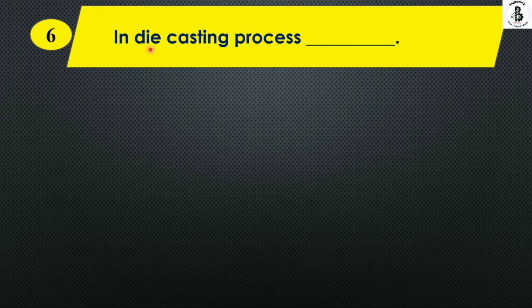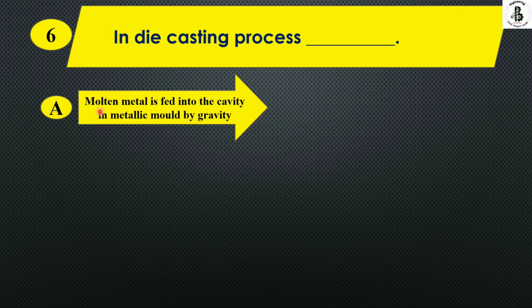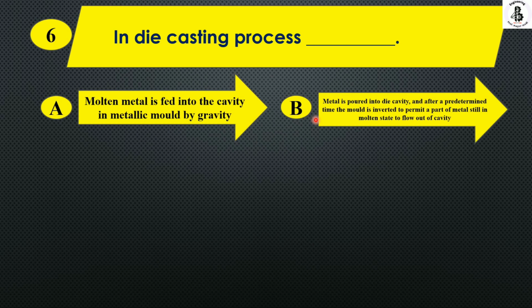Then next. In the die casting process, option A, molten metal is fed into the cavity in a metallic mold by gravity. Option B, metal is poured into the die cavity and after a predetermined time, the mold is inverted to permit part of the metal still in a molten state to flow out of the cavity.